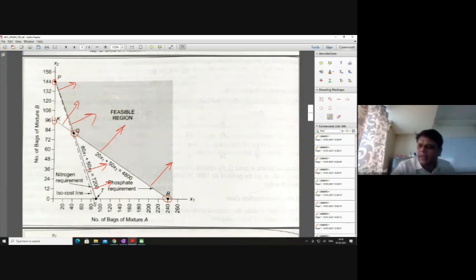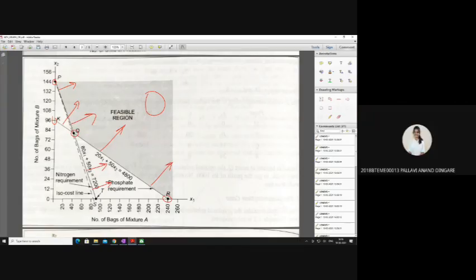So feasible region is here, anywhere up to infinity. Whatever point you choose, and if you put into objective function, that will satisfy all the constraints. And that is the feasible solution for this problem. Are you getting me? Yes, sir. Okay.